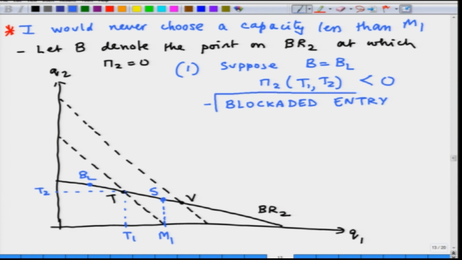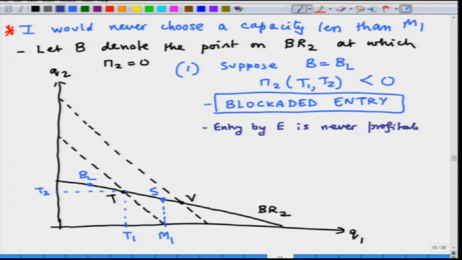So, entry by the entrant is never profitable. So, the incumbent is going to essentially choose a capacity which is equal to M1.